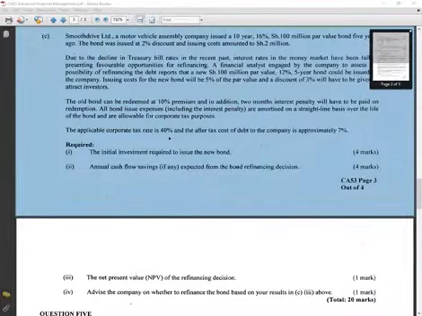We are told it is 16%. So I will take 16% of the par value, which is 100. But remember, once I get this 16% of 100, I get 16, which is interest for a whole year.